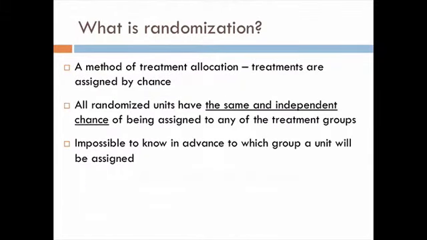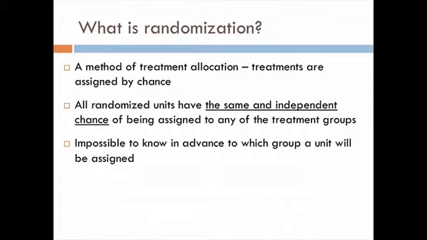Okay, so we've been talking a lot about randomization. Specifically, what is it? It's a method of treatment allocation where the treatments are assigned by chance. And the key pieces of this are that all randomized units, so whether we're talking about individuals or groups, have the same chance of being assigned to any one of the potential treatment groups, and they have an independent chance, right?